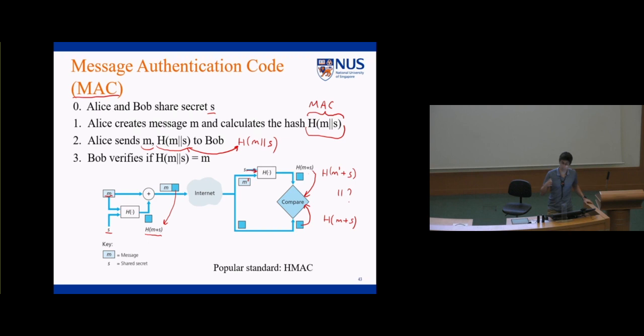H of M prime S is not equal to H of M concatenate S. So that means just because Alice is the only one that knows the shared secret key other than Bob, it must have come from Alice, and the message must not have been changed in transit. So it provides us both the properties of message authentication. Any questions here?